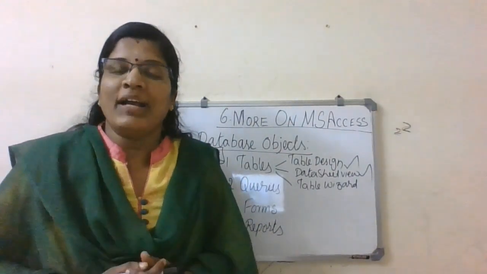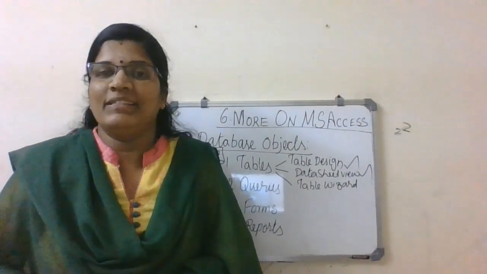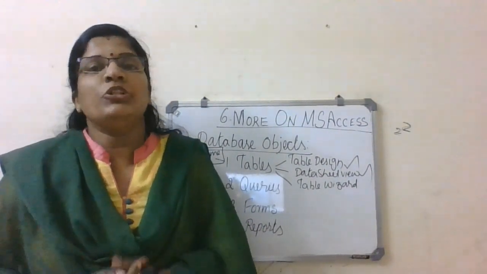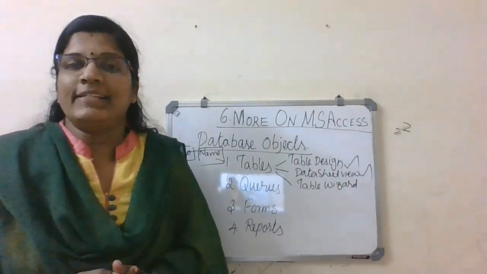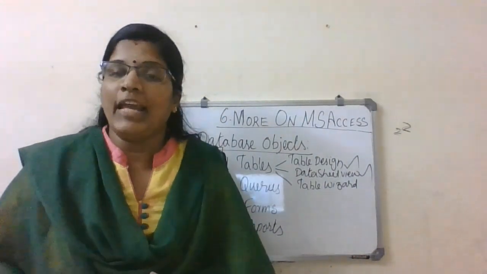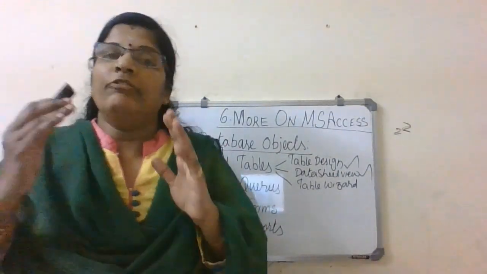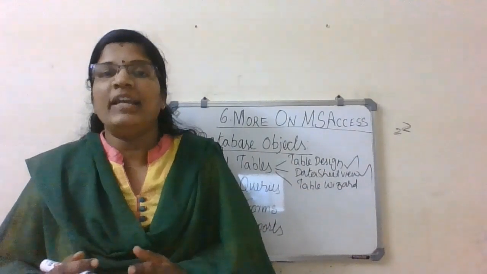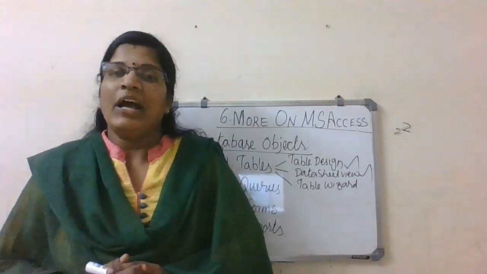What does the name contain? Name contains the alphabets, right? So it's going to be a text data type. Similarly, whatever table you create, you should be familiar with the fields you need as well as their data type. Got it? Okay.